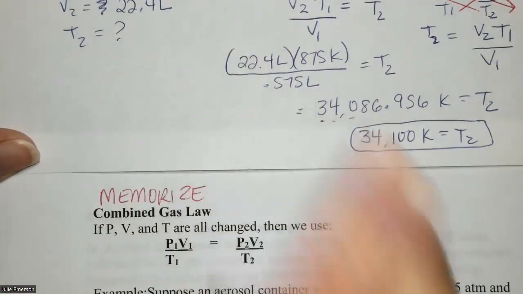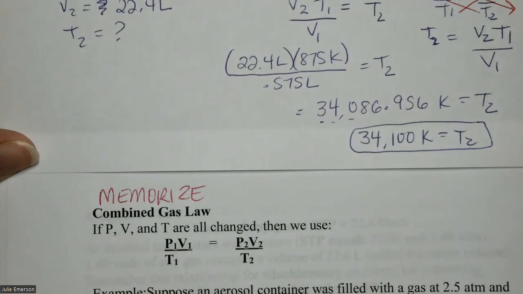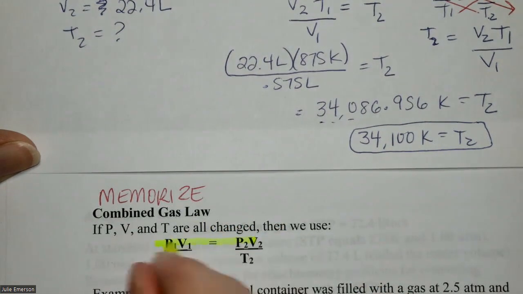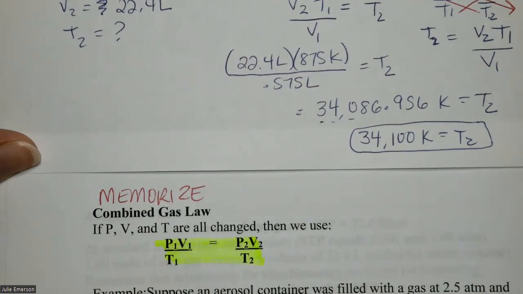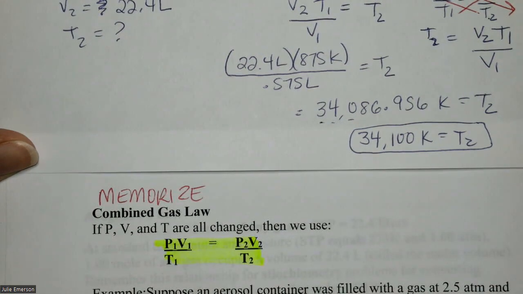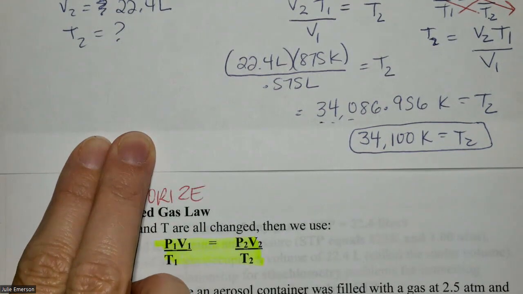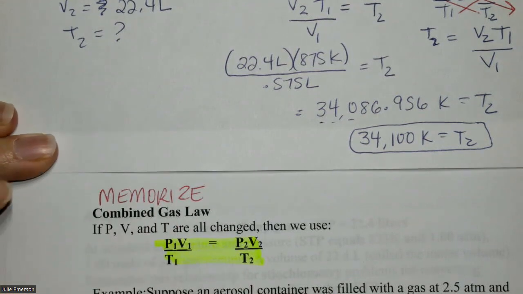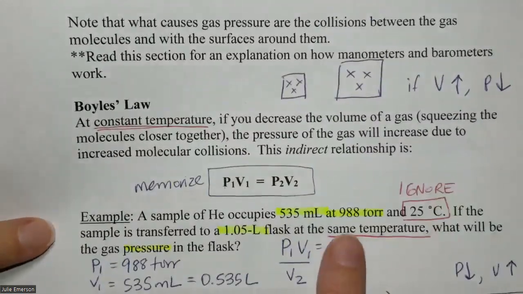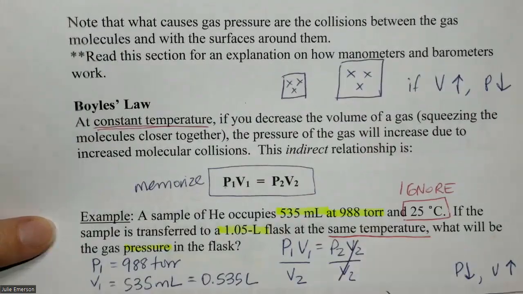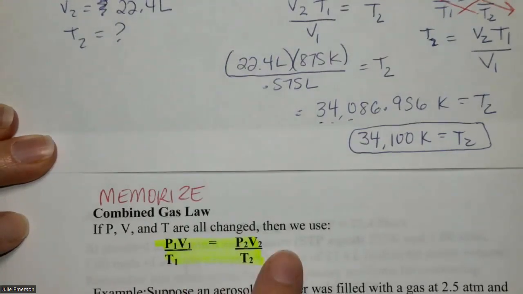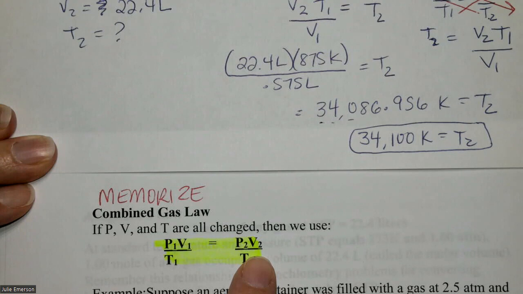All right, so I'm going to highlight. So we've got P1V1 equals P2V2. Now, if I think about the examples we've done so far, if I approached that very first page of notes and I thought, okay, well, if I'm going to use the combined gas law formula, what I look at here is if anything is constant, that means it would cancel out, right? If T1 and T2 don't change, it's a constant temperature, then mathematically it would make no difference.